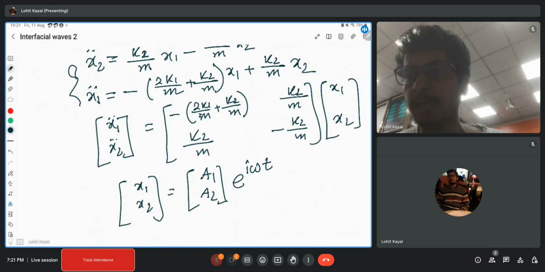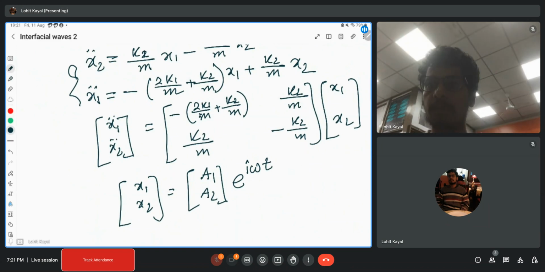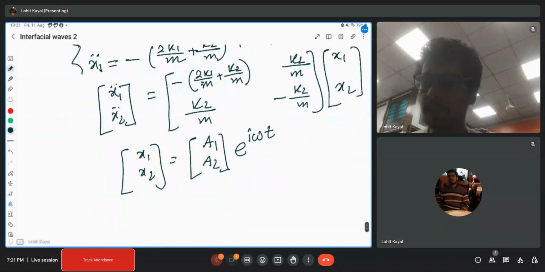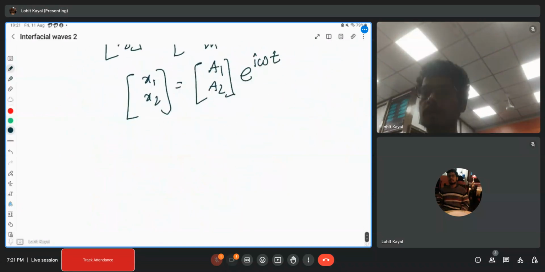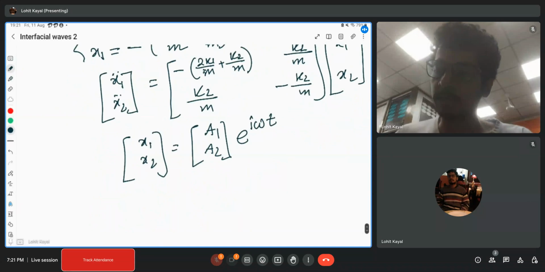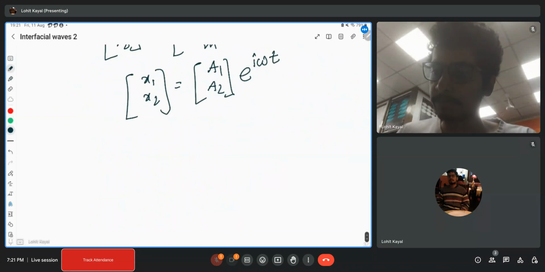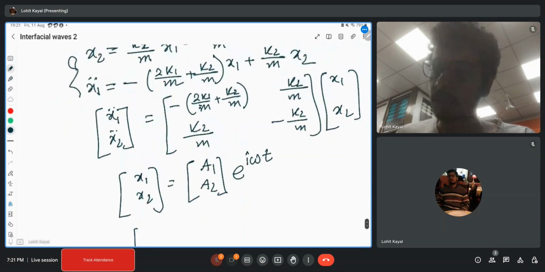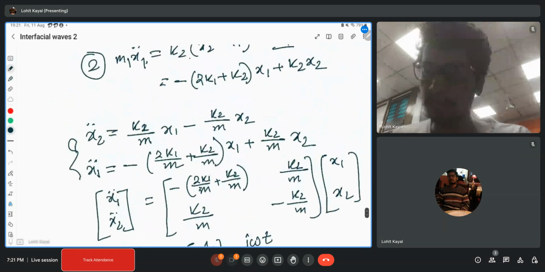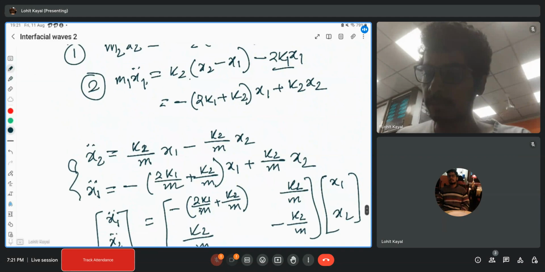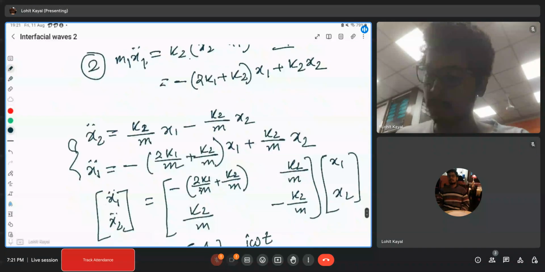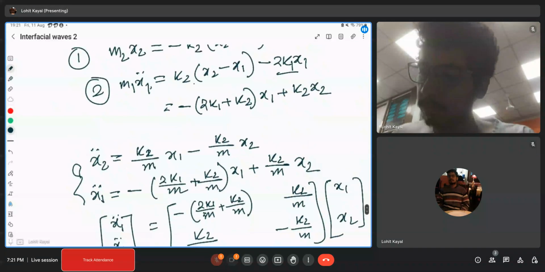Now you are told to find the modal frequency. So now substitute this. No, I have made another mistake, sorry about that. It will be divided by m2, and this all will be divided by m1.